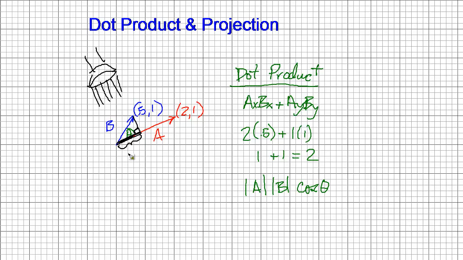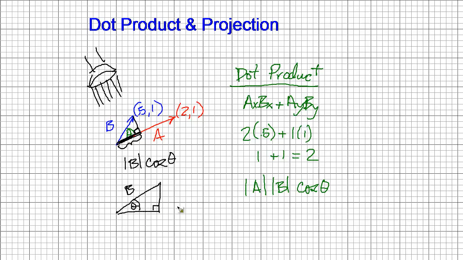So this length here is actually the magnitude of B times the cosine of theta. How do I know that? Let's redraw that triangle here. We'll say this is vector B, this is theta, here's a right triangle.